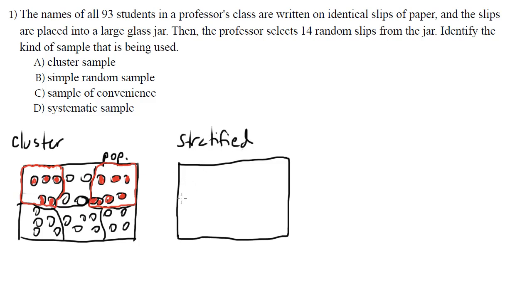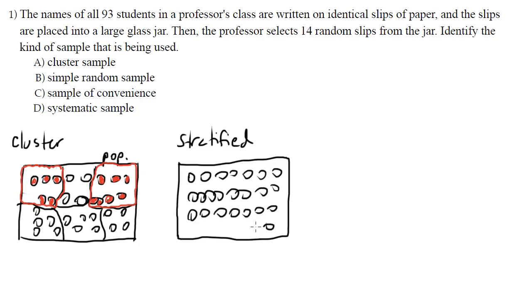It starts off the same way, right? We have our population, and I'm going to divide my population up into groups again, based on some characteristics, some quality. In this case, each of these groups is called a strata.